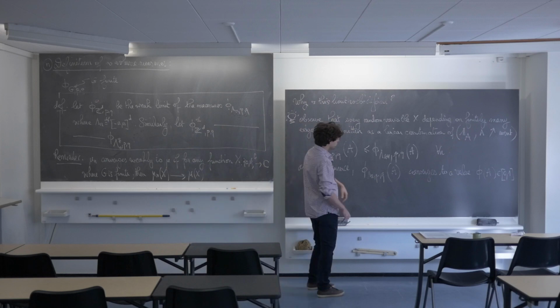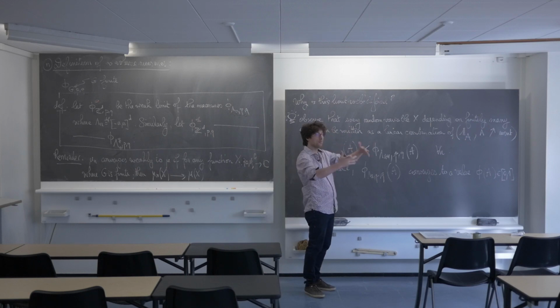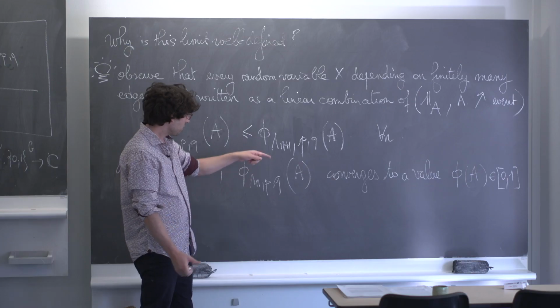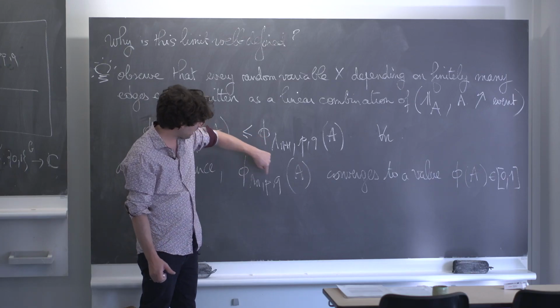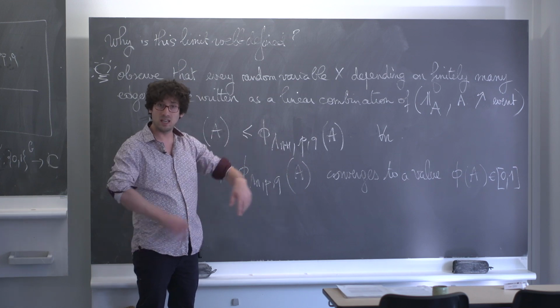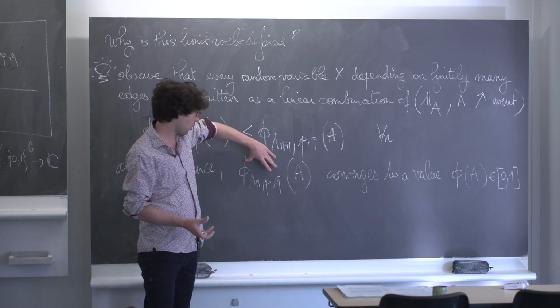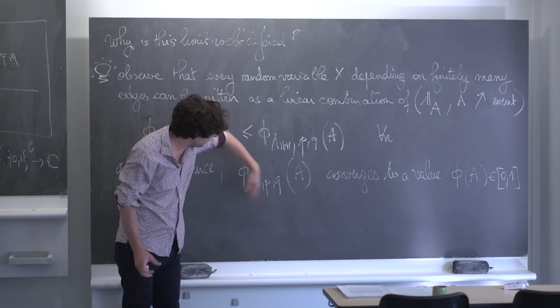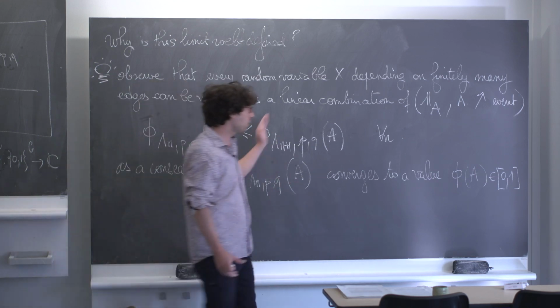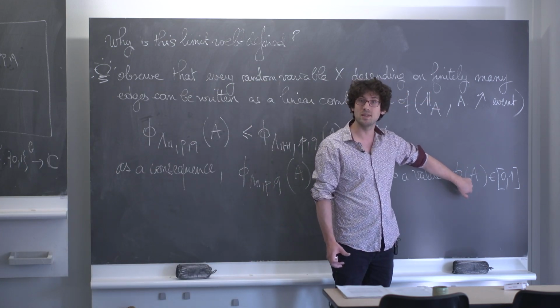But the good thing about it is that if you restrict your attention to events that, say, depend on the box of size 1 billion, then the phi lambda n pq of the events in this box exactly satisfy, they are coherent because they come from a measure. So the coherence of these things gives rise to a coherence for the limiting object.